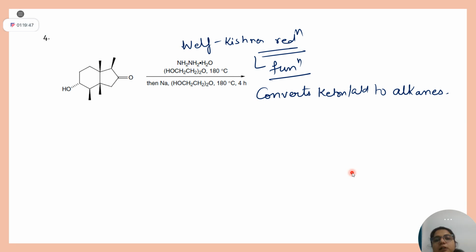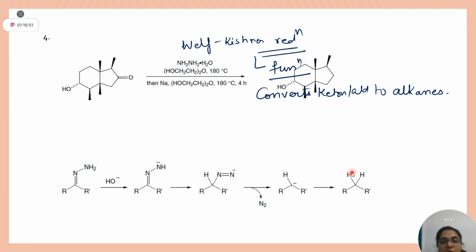After that comes Wolff-Kishner reduction, whose function is to convert ketones to alkanes. So first the ketone changes to hydrazone in presence of NH2NH2. Then in presence of base, it will abstract the NH proton, then that negative charge will come back and leave N2 or make a carbanion, which will be further quenched by your water, right?